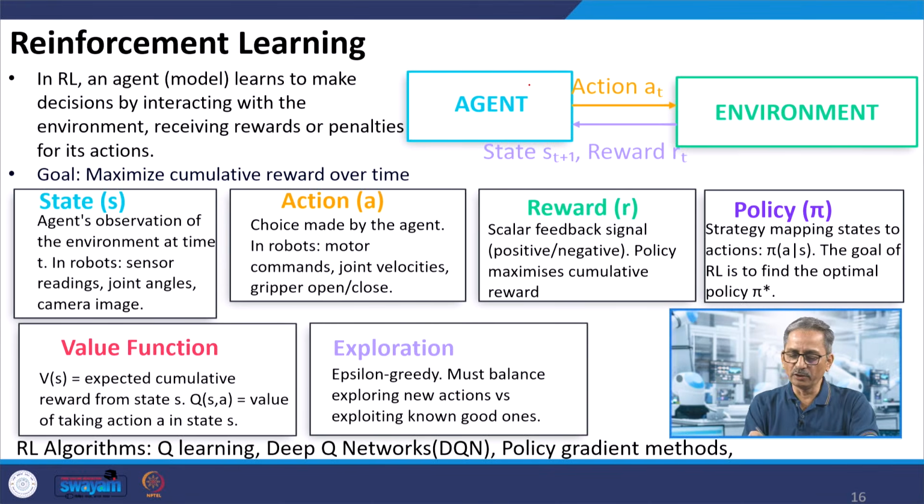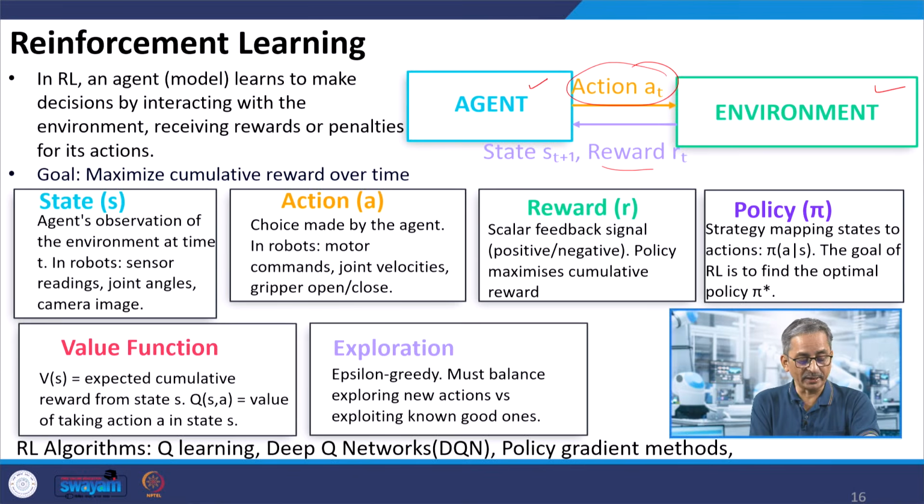Alright. So, you have the agent and the environment here. The agent performs a certain action on the environment, and the environment gives a reward to the agent based on its action.